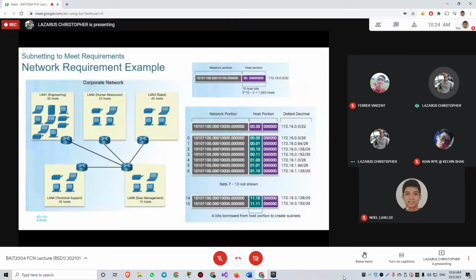So here's an example from previous. You can see that the engineering, maybe this is an engineering company, has a 30 host requirement. And then we look at the other extreme, sales, 40 host requirement per network, per subnet. And then we look at the top of the pyramid, we see the executive management, only 10 hosts required.